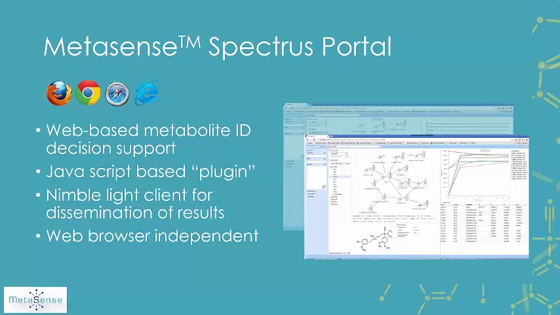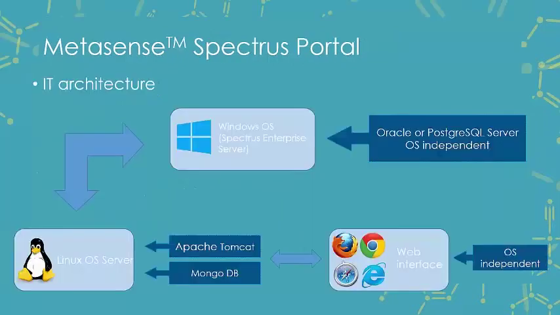In terms of the IT architecture that's going to be required for this type of deployment, I'm just going to emphasize the Spectrus DB Enterprise portion. You have your Windows OS Spectrus DB Enterprise, and that speaks to our Linux server.